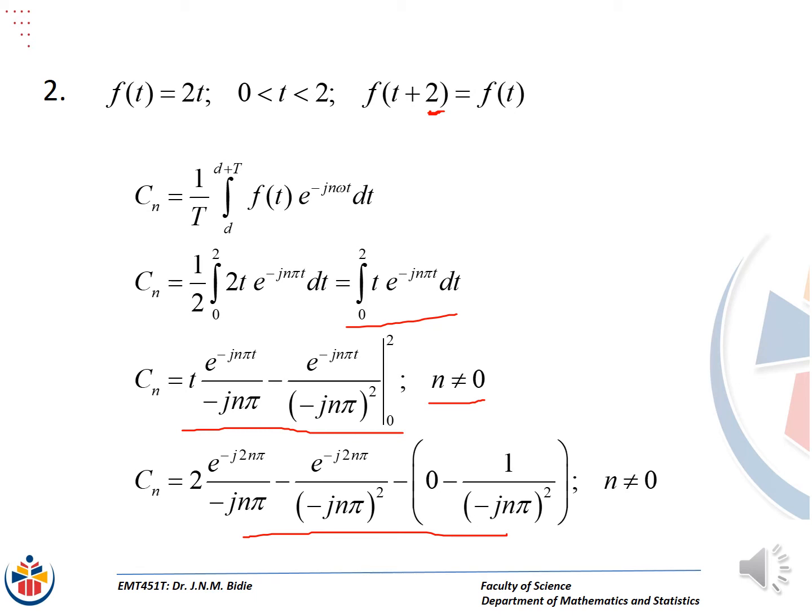So the next step is to move j from the denominators up, remove the brackets in those denominators that have got squared, and also substitute for e to the power negative j n pi.